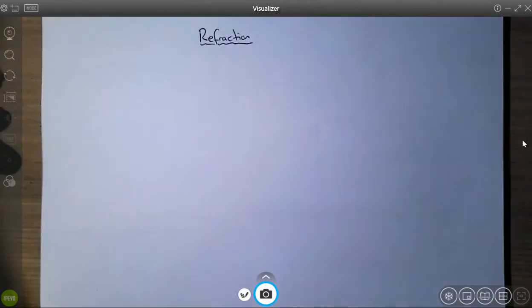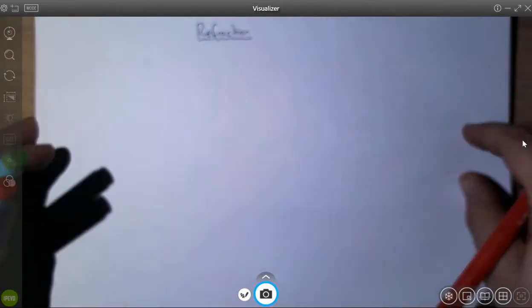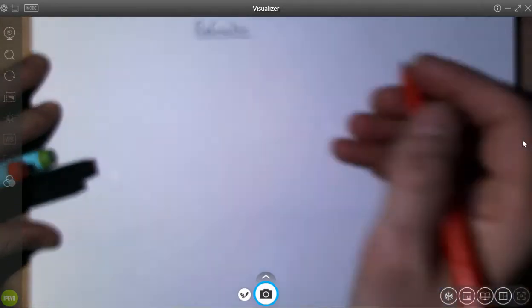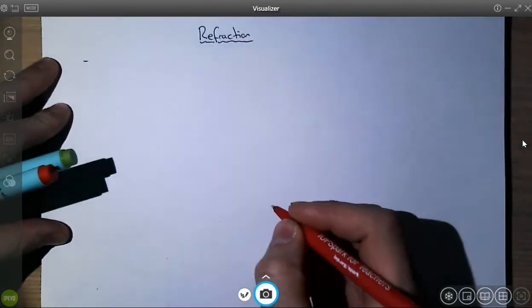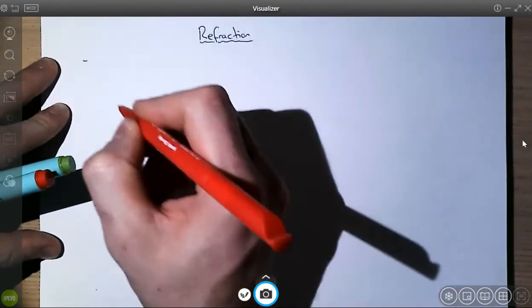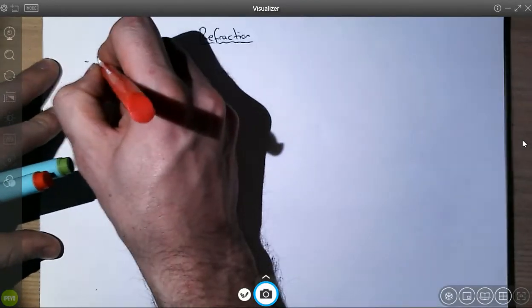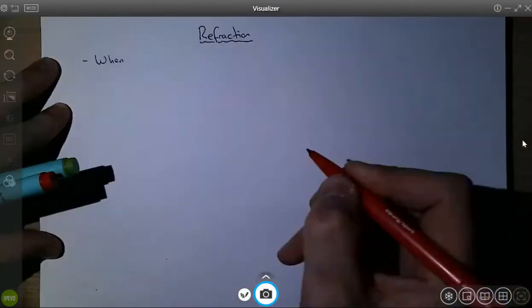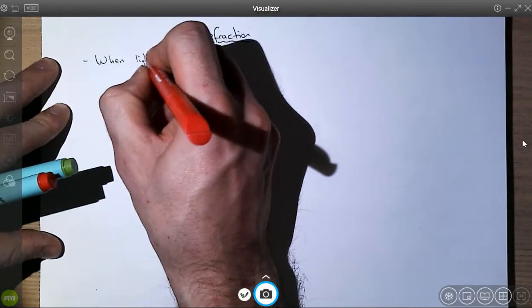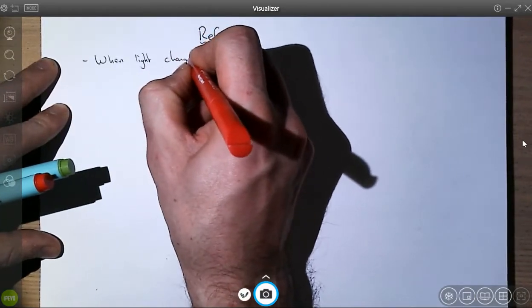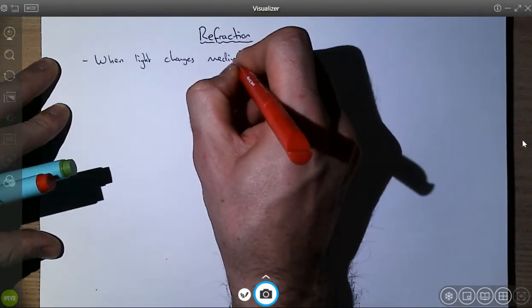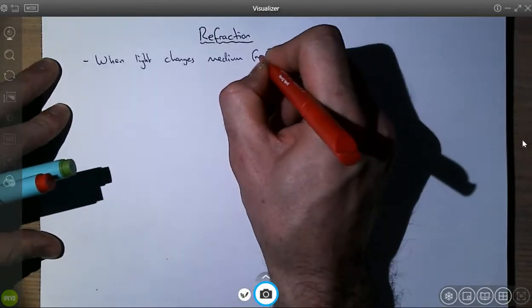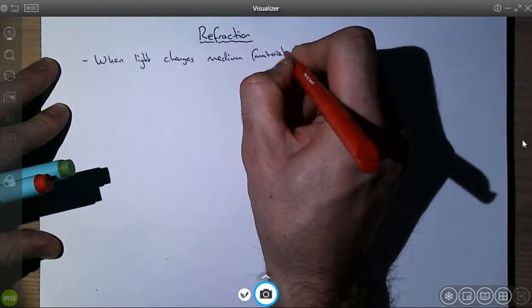In this video, we're going to look at refraction for GCSE science. So the first thing that, of course, we need to be aware of is the definition of refraction. And I think that's best summarized as when light changes medium. Now, medium is a fancy word for material or substance.